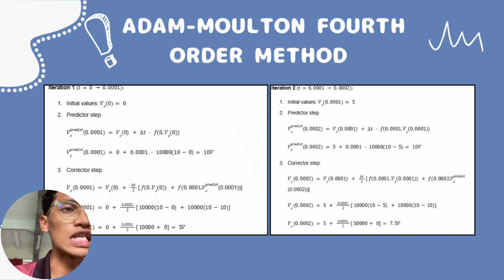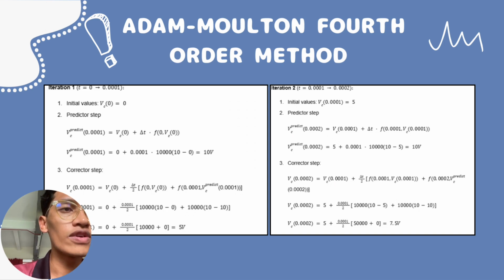Predictor step: V predict(0.0002) equals VC(0.0001) plus delta t times F(0.0001, VC(0.0001)). V predict(0.0002) equals 5 plus 0.0001 times 10,000 times (10 minus 5), equal to 10 volts. The corrector step is VC(0.0002) equals VC(0.0001) plus delta t over 2 times (F(0.0001, VC(0.0001)) plus F(0.0002, V predict)).